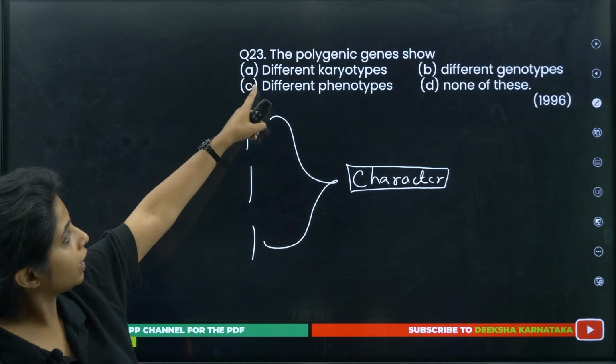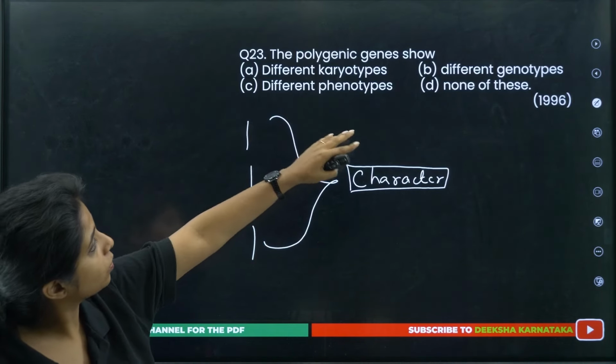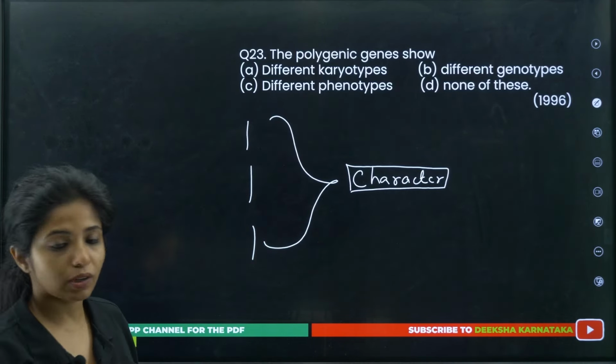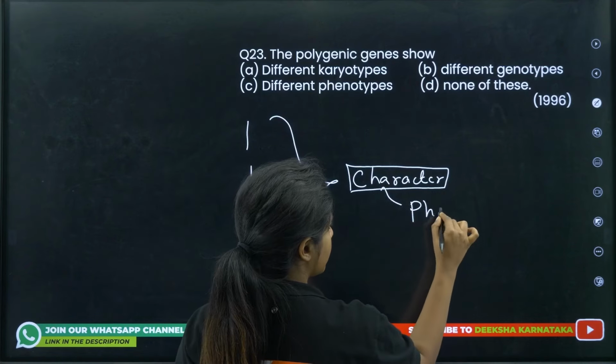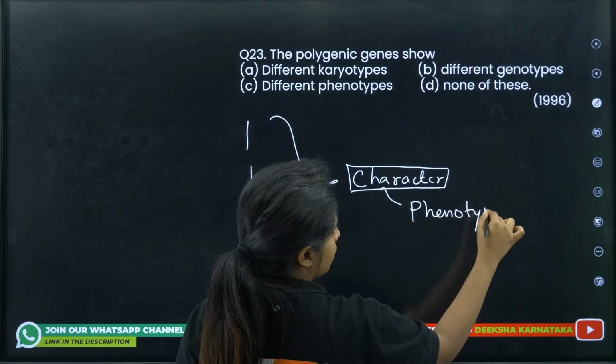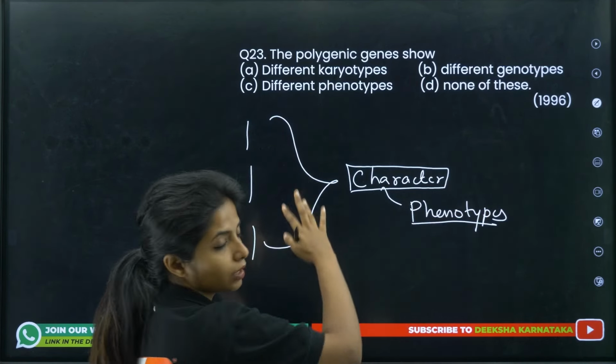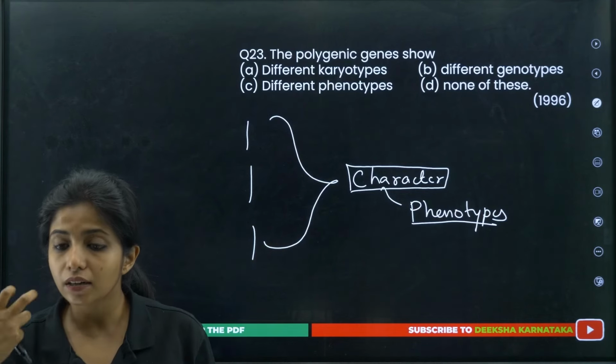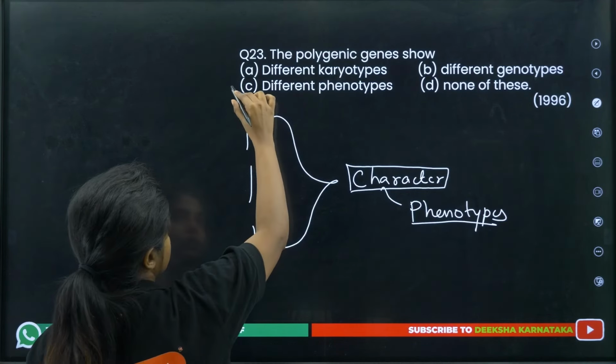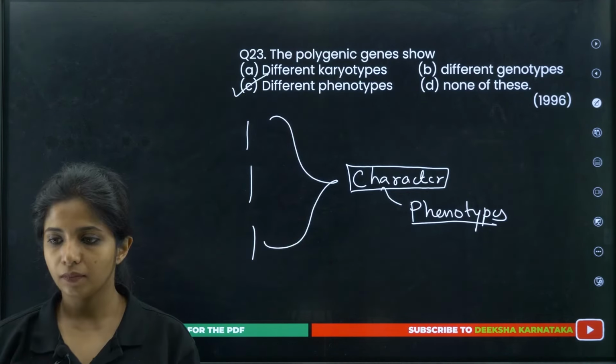The options are different karyotypes, different genotypes, different phenotypes, none of these. Characters means phenotypes, not genotypes. For example, for skin color, you have different genes which give the skin color. Skin color is basically a phenotype. So this is the answer for the same. Cool?